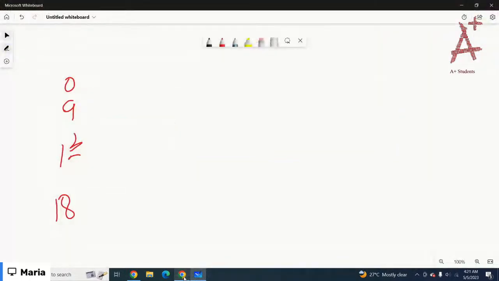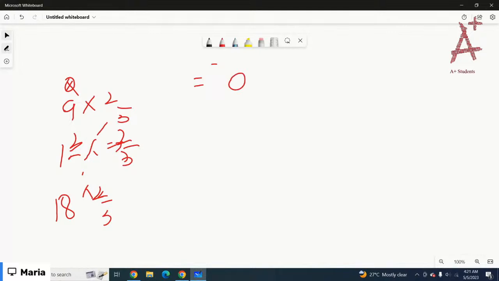So let's multiply. 18 times 2 over 3. 12 times 2 over 3. 9 times 2 over 3 and 0 times 2 over 3 is 0. So it would be 0 equals 0.